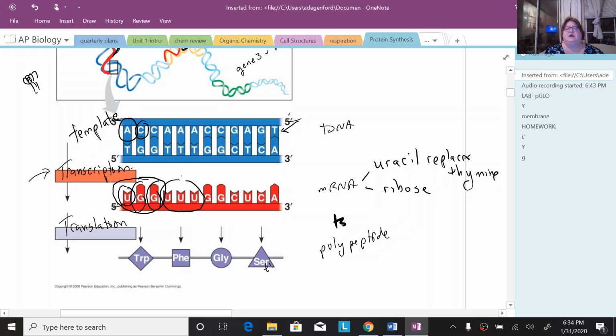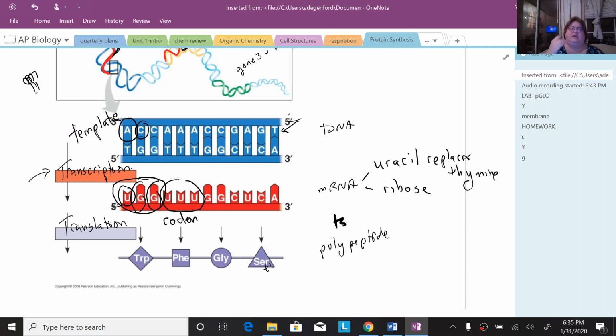It's used as a representation. We know that UUU is a codon, and that's what we call a triplet. A codon would represent one amino acid, and a codon is made of 3 nucleotides.